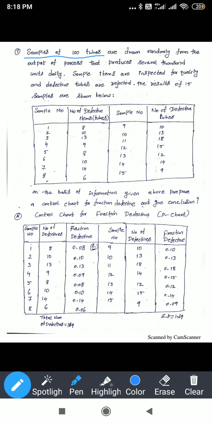The results of 15 samples are shown below. So in total they have taken 15 samples. On the basis of the information given above, prepare a control chart for fraction defective and give a conclusion.